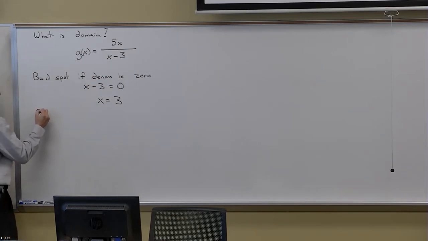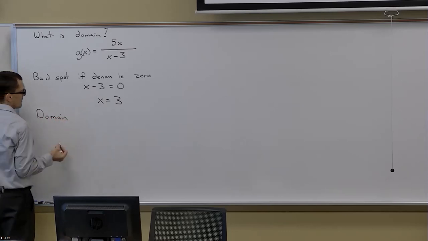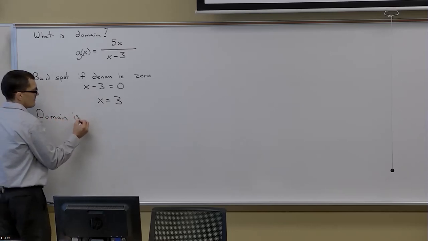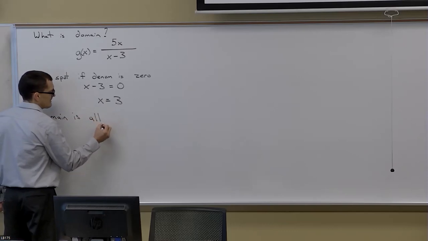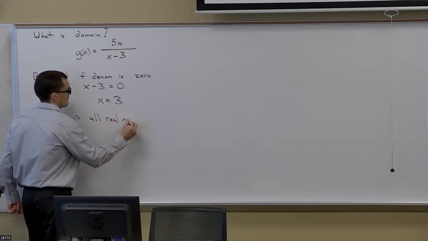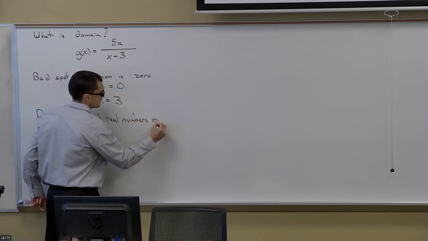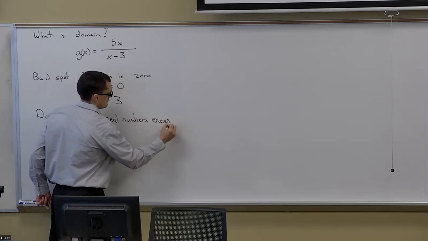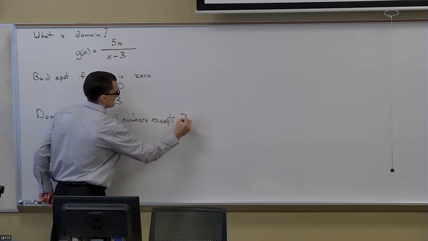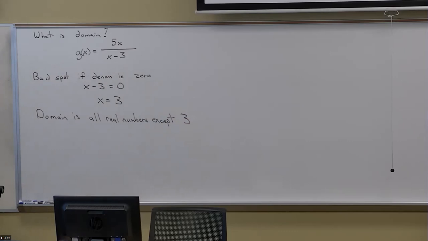So my domain, and this is where you have to be real careful, is all real numbers except 3. Or you can say all real numbers except when x is equal to 3.